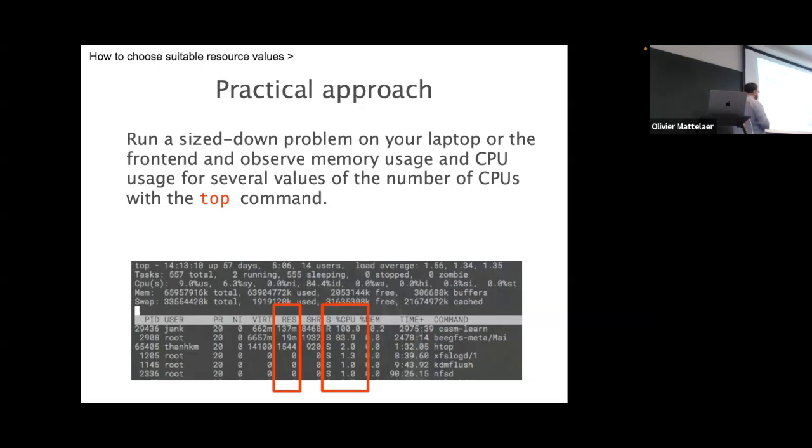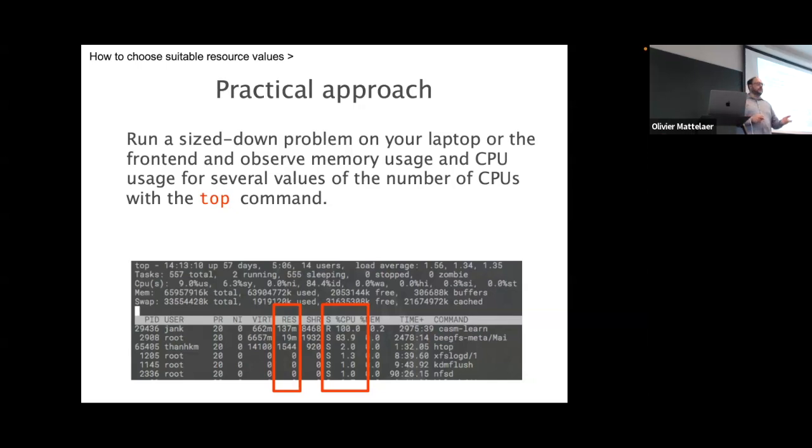So if you see here that your program is using half a CPU, it means that the limiting factor is not the CPU, and so there is no reason to add more CPUs to your job. While if you see here that the percentage of CPU is going above 100%, it means that your program is able to use multiple CPUs at the same time.